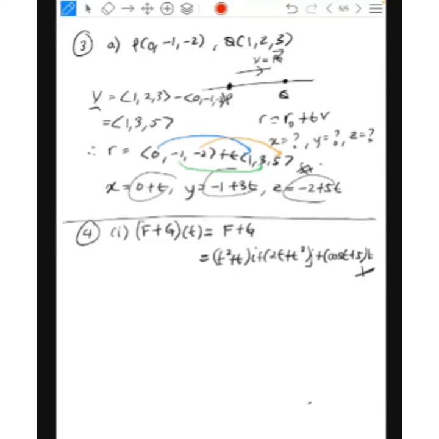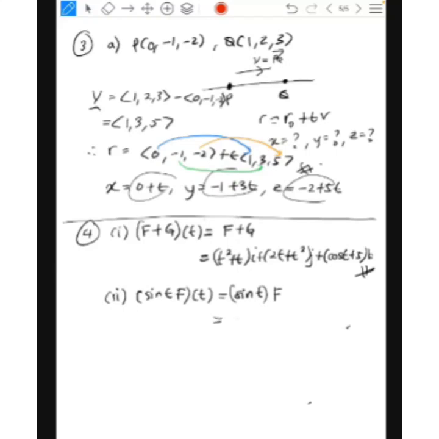And then second, sine t times F of t. It means just multiply sine t with your F vector. So what is the F vector? t squared, 2t, and cos t.